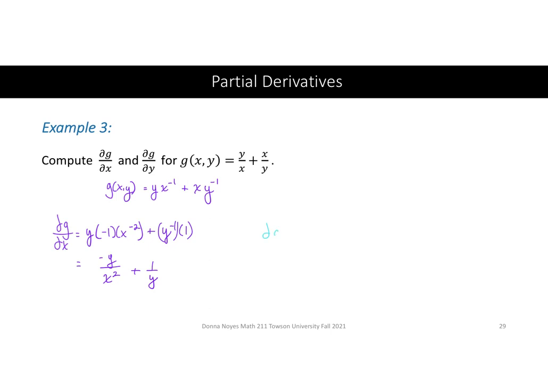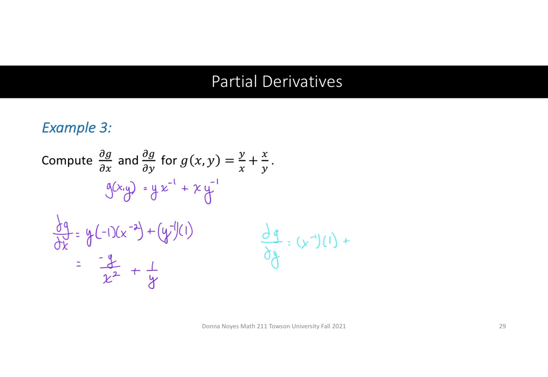So if we look at del g del y, though, things will be just a little different. In this case, now anything that's not a y gets treated like a constant. So when we're looking at y times x to the minus 1, x to the minus 1 is treated like a constant, and the derivative of y with respect to y is 1.